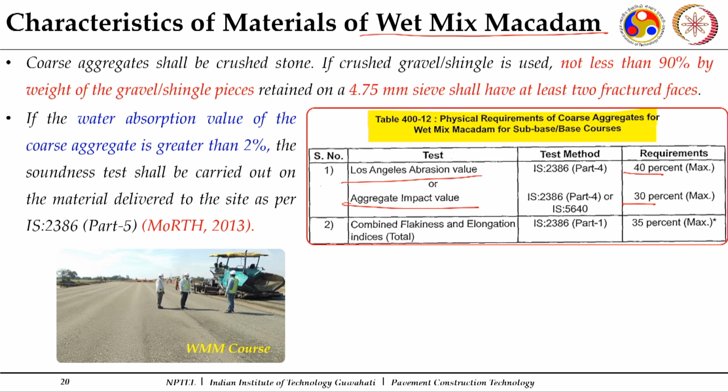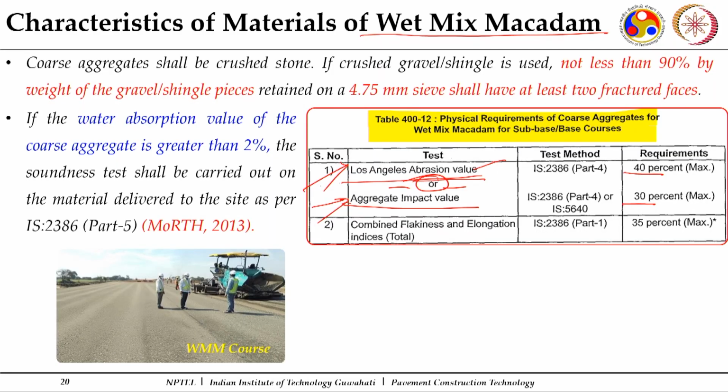If an option is given, here it is mentioned, you can do a Los Angeles abrasion value or an aggregate impact value. It is preferred to go for Los Angeles abrasion value if the water absorption is not more than 2%. If you are finding there are certain aggregates which are showing higher water absorption, then aggregate impact value, especially wet aggregate impact value, could be quite useful.